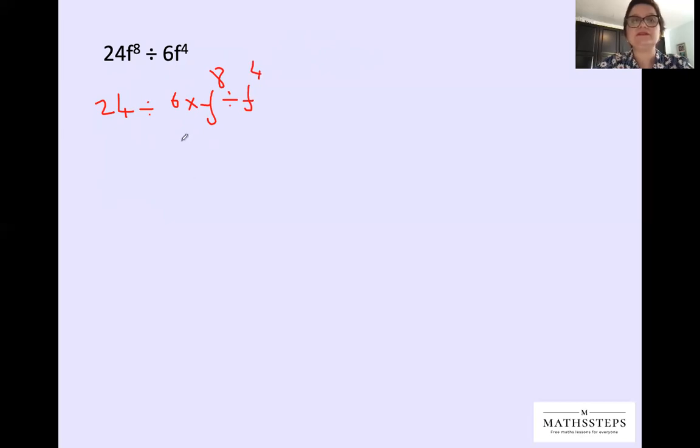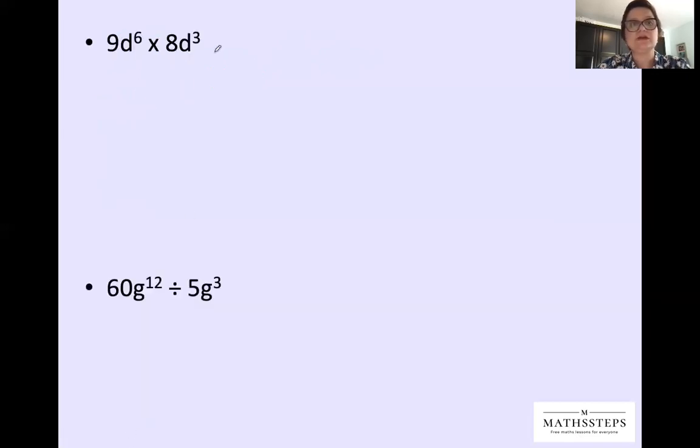Okay, so divide the numbers and then divide the letters. So the answer to this one is going to be 4f to the power of 4. Just like that. So you can go straight away. Okay, 4f to the power of 4.